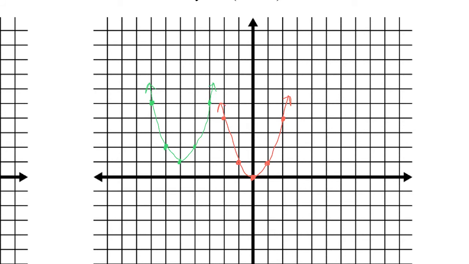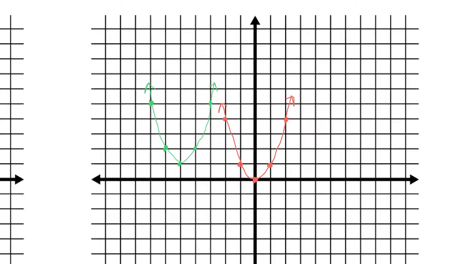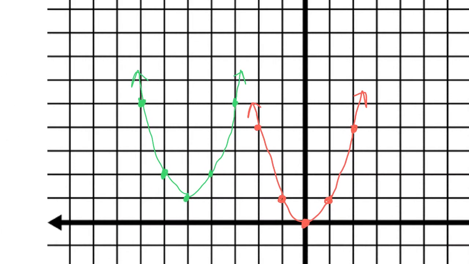So as before, you should always have two parabolas on the same grid. The red one, as always, represents our base or parent parabola, y equals x squared. And this one in green represents our brand new transformed parabola.